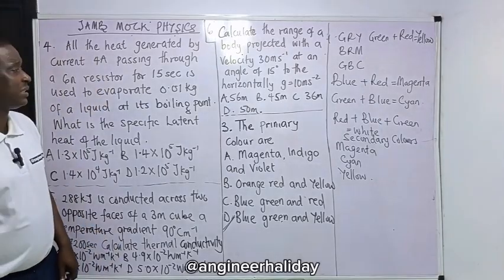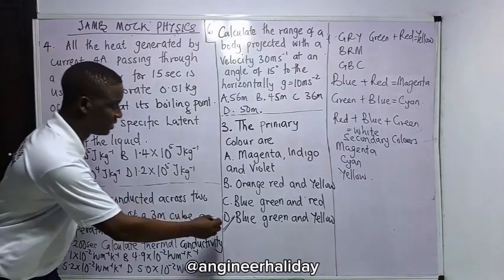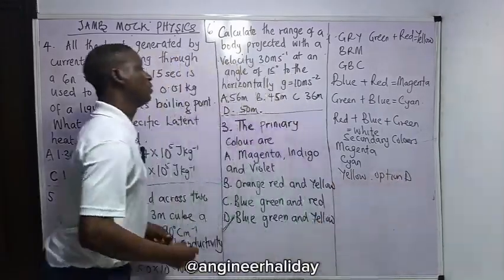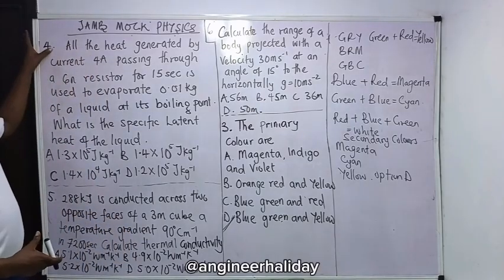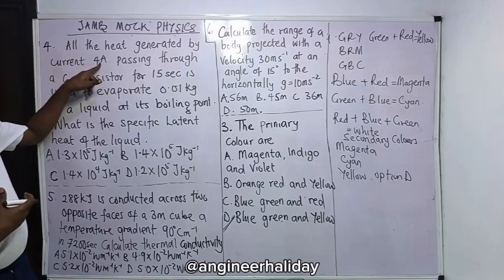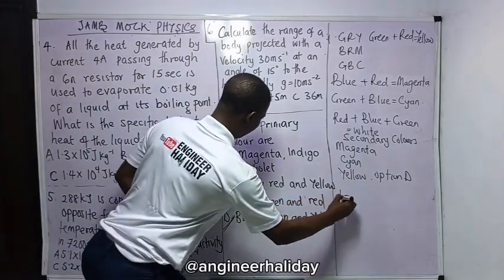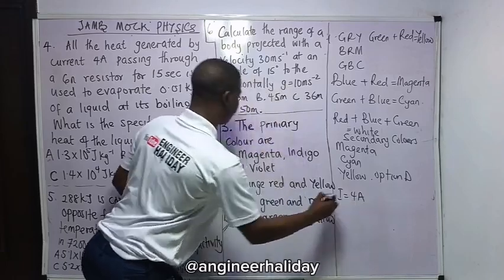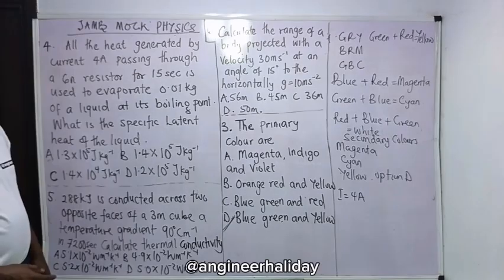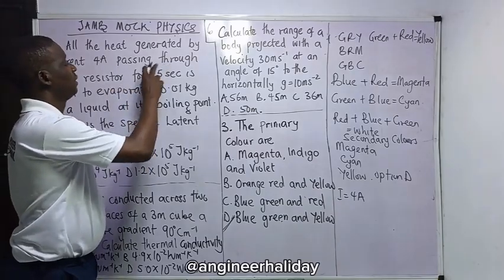Now the next one says what? Number 4 now. He said all heat. So the answer is D. Option D. He said what? Number 4 says what? All the heat generated by current, let's say I equals to what? 4 ampere passing through this.